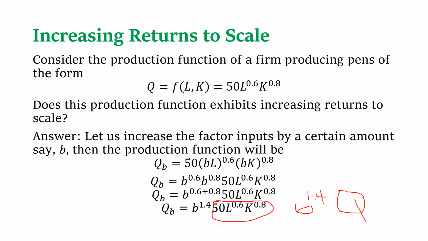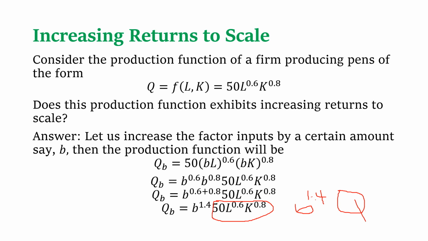So when we increase all the inputs by B, what happens to the output? Output increases by a factor of B raised to the 1.4, right? So that means here, the degree of homogeneity is 1.4, and returns to scale are increasing.